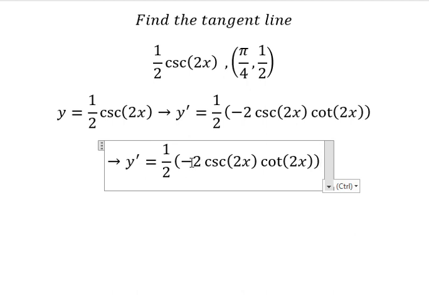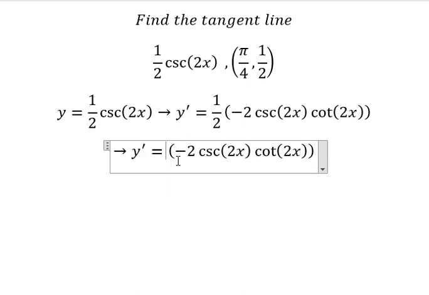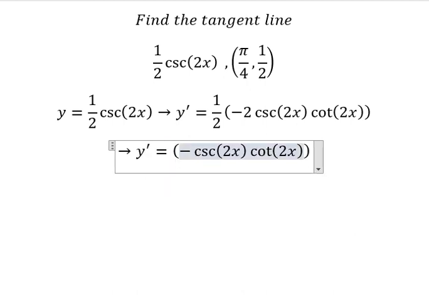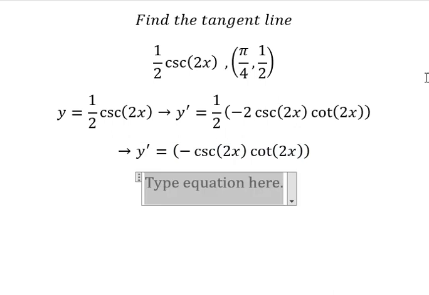So number 2 and number 2 we cancel. And now we have the formula.